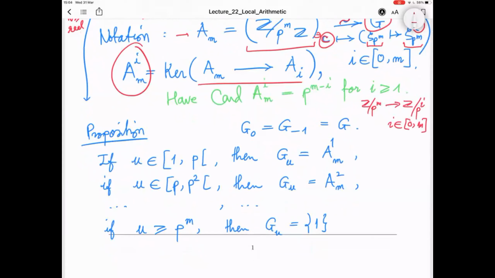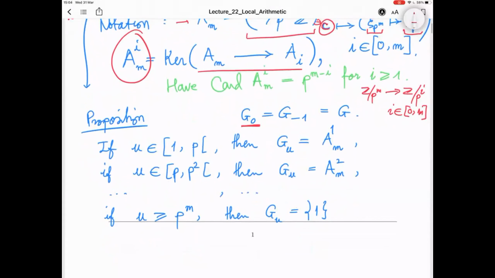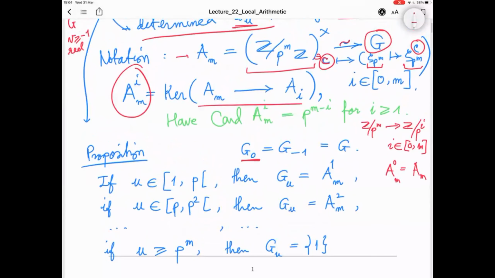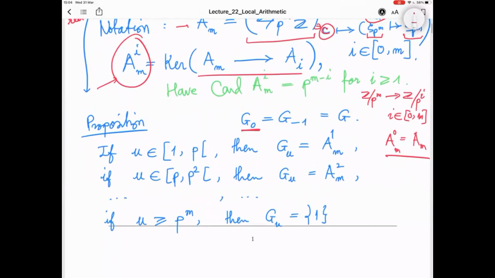Of course, when i is 0, this group is trivial, so A_m^0 is going to be just the whole of A_m. This definition of A_m^i gives you A_m^0 equals the whole of A_m. But that was for i equal to 0.